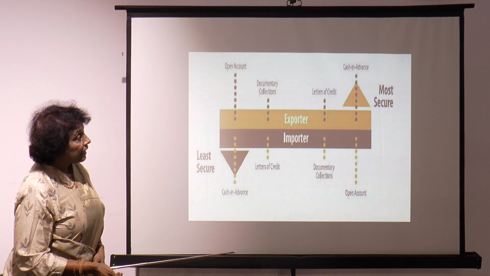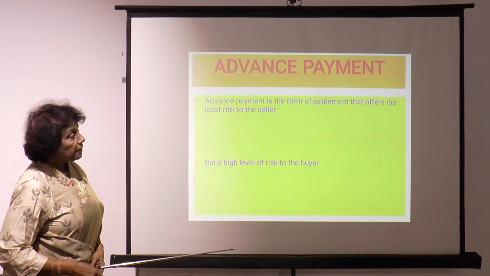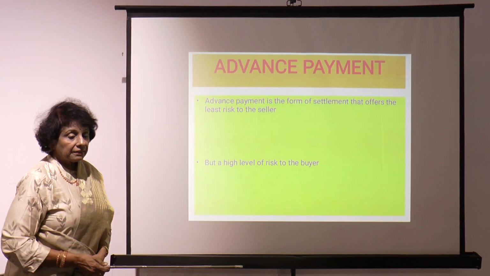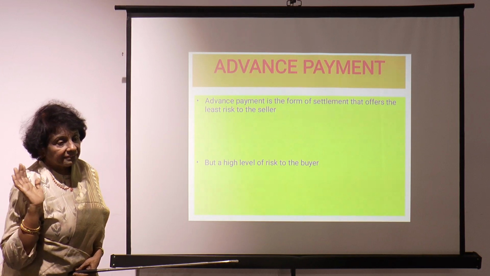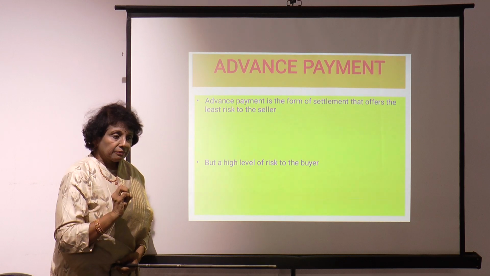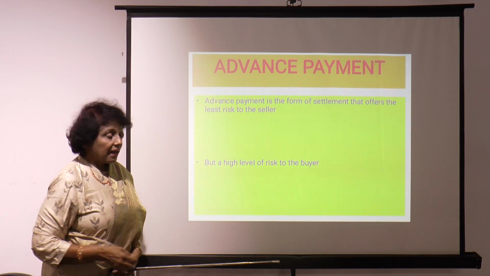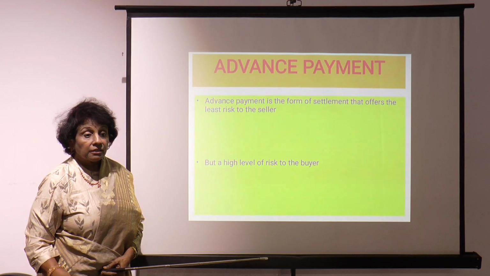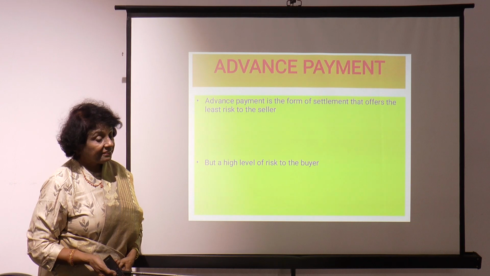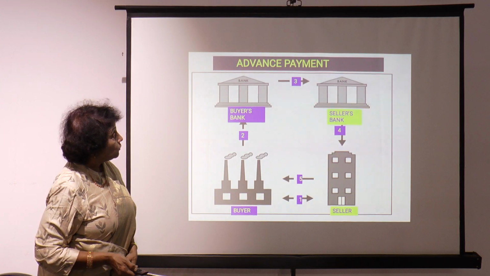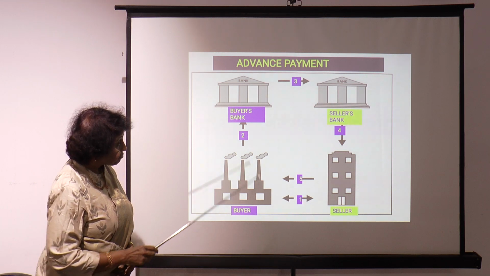Now let us see how we will go with advance payment. Advance payment is the form of settlement that offers the least risk to the seller. The seller gets the least risk because he's already got the amount in his hand. But it is a high level of risk to the buyer, because he is parting with his funds. Can we see this in advance payment?